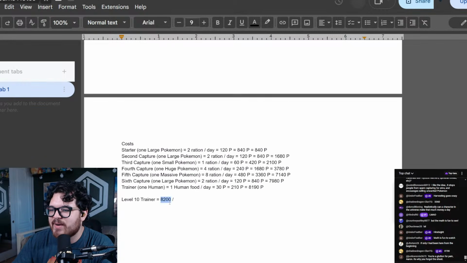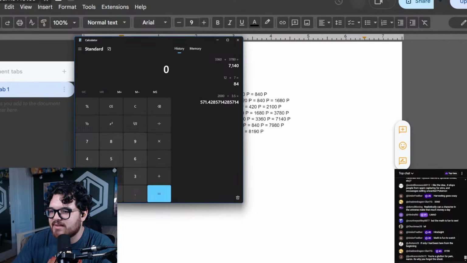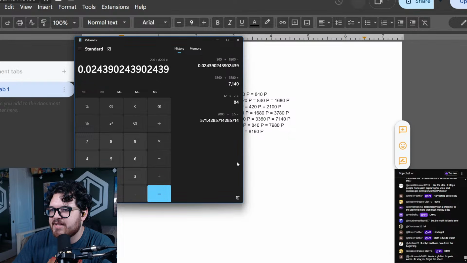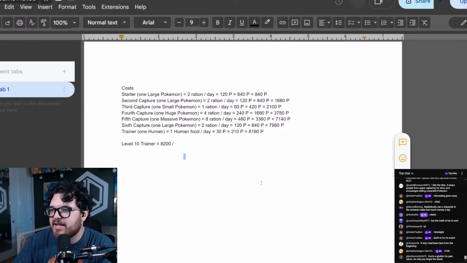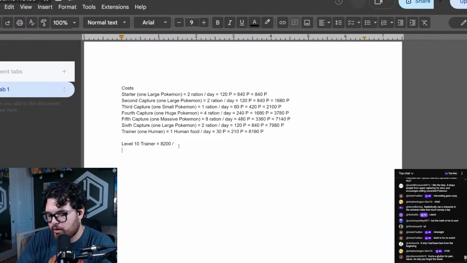Okay, 8,200 versus 2,000. So let's see, 2,000 divided by 8,200. That is about, that's the wrong direction. 8,200 divided by 2,000 is about 4.1 times. So that's about a 4.1 times increase. So we'll just call it a ×4 increase for everything.